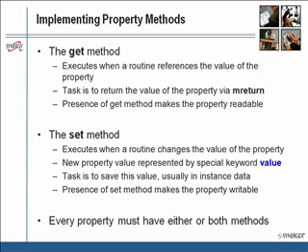As mentioned earlier, a private field is often used to persist the data for a property. The presence of a set method in a property makes the property writable. If no set method is present, then the property is read-only. Every property must have either a get method, making the property readable, or a set method, making the property writable, or both.